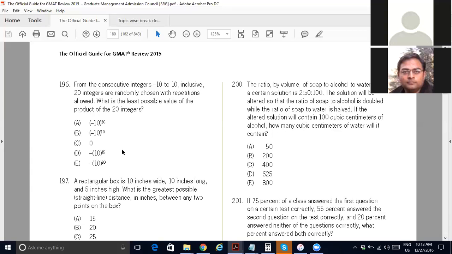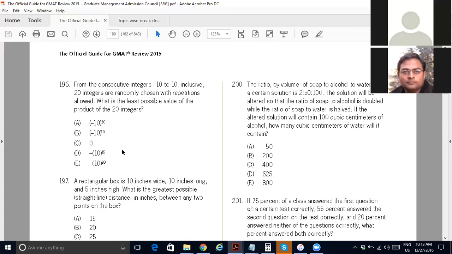And -10 to -1: to find the number of integers, you do -1 plus 10, 9 plus 1, 10 integers. So a total of 21 integers.